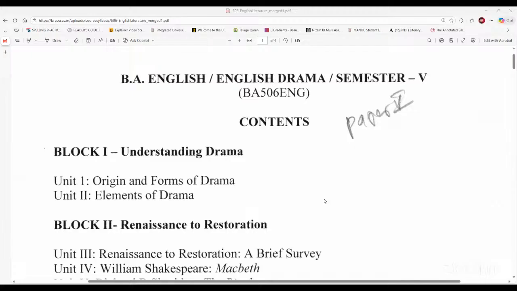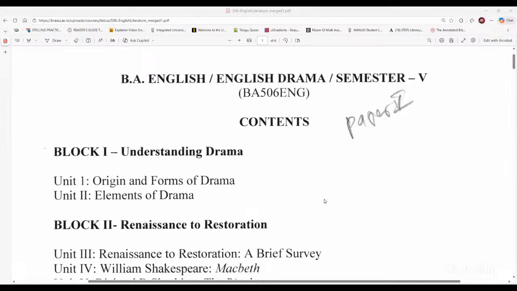It will help us understand things in totality, because all these units, all these topics are related to each other. And it will help us understand the whole course clearly.